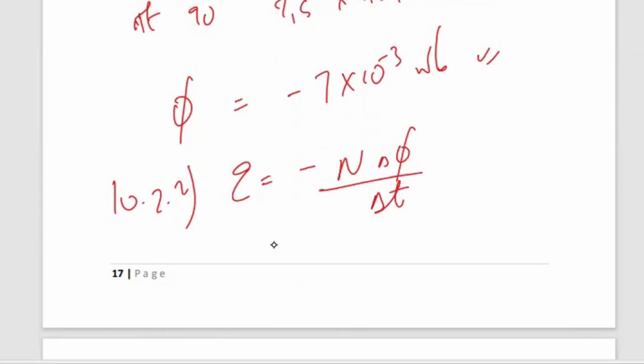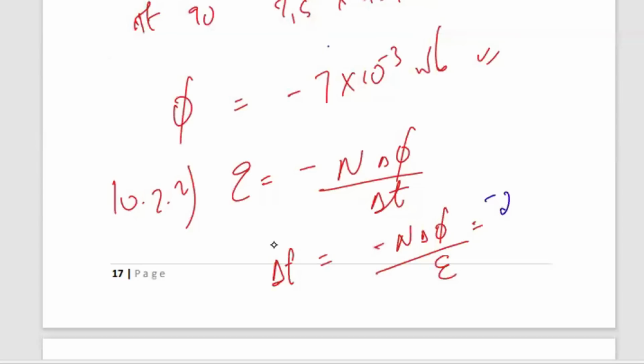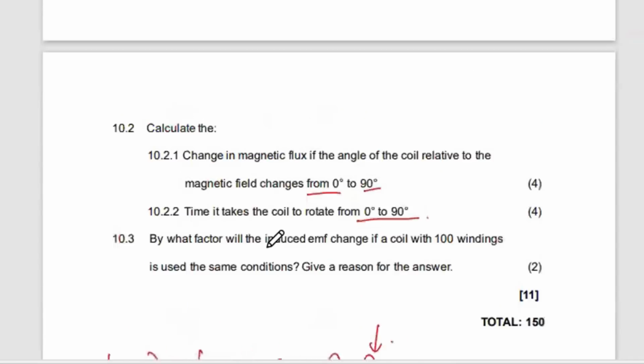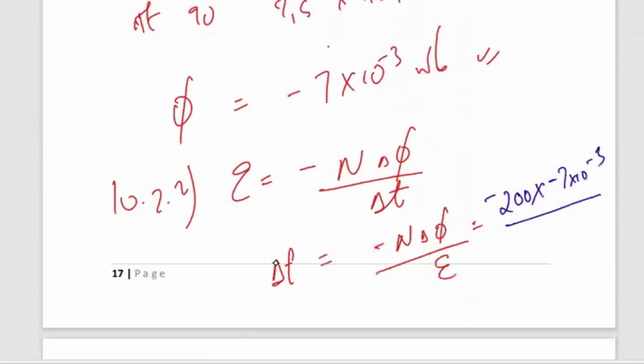What is the question asking for? They want us to get the time. So delta T is going to be negative N, the change in flux, over the EMF. Let's do the substitution. N, they told us we have 200 windings. The change in flux is negative 7 times 10 to the negative 3, over the induced EMF, which is 3,5.